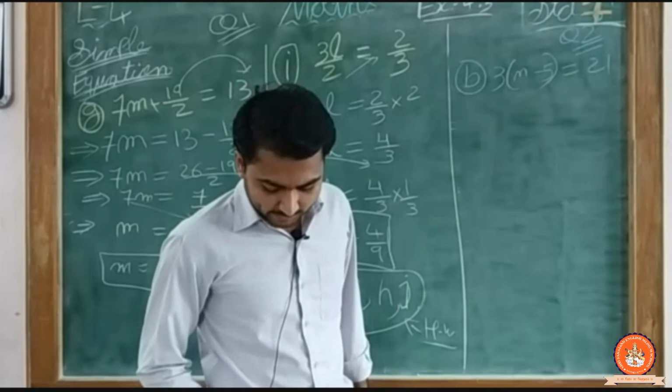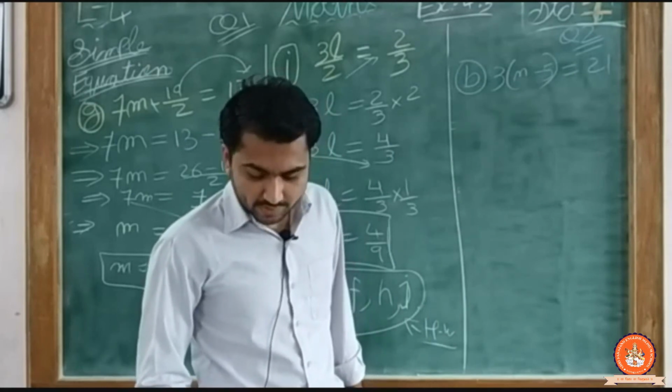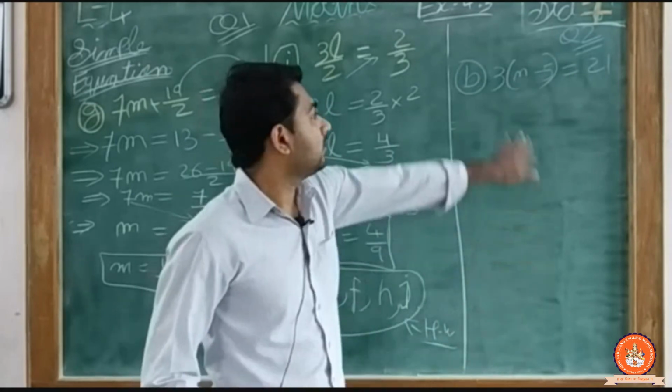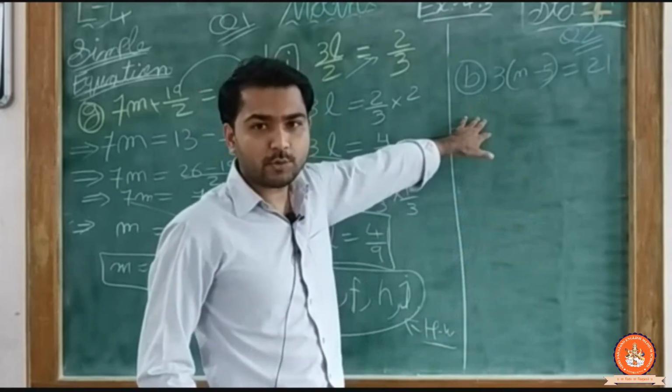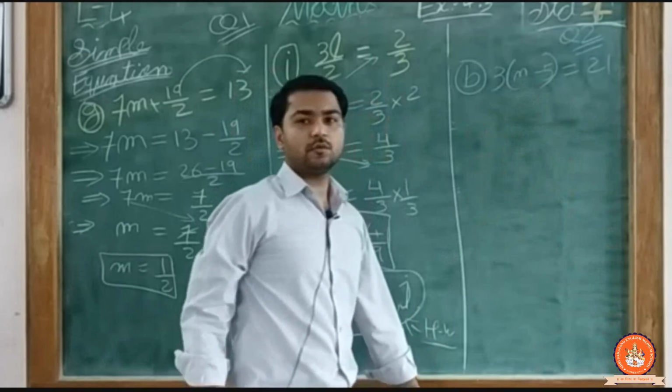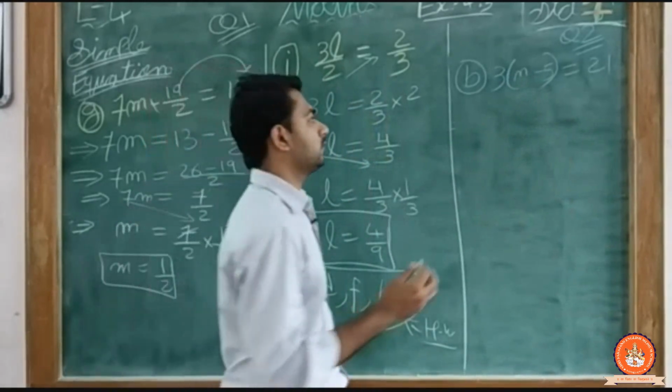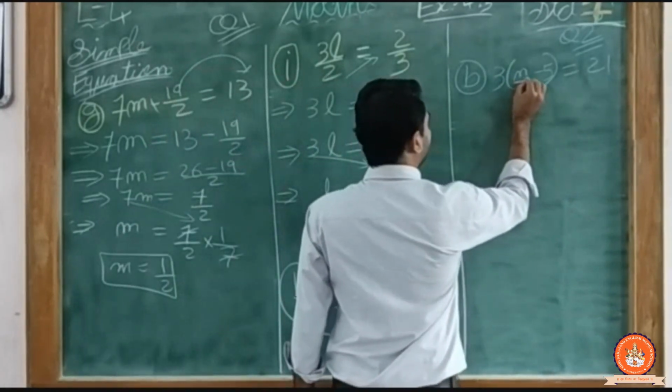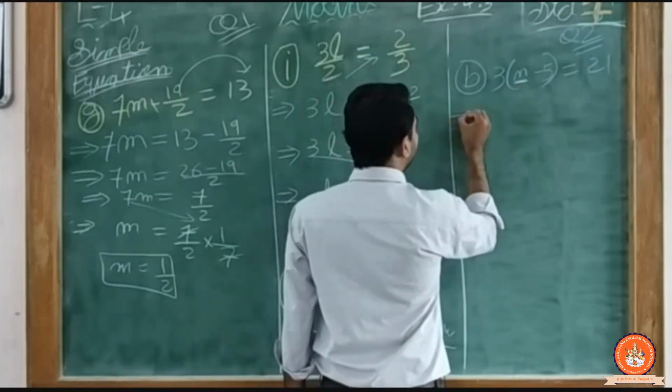So I am taking question B, that is 3 into n minus 5 is equal to 21. So here I have written the question. Let's solve the question. Here also what we have to do is find the variable. So here our variable is n. Okay, so how will I find it?